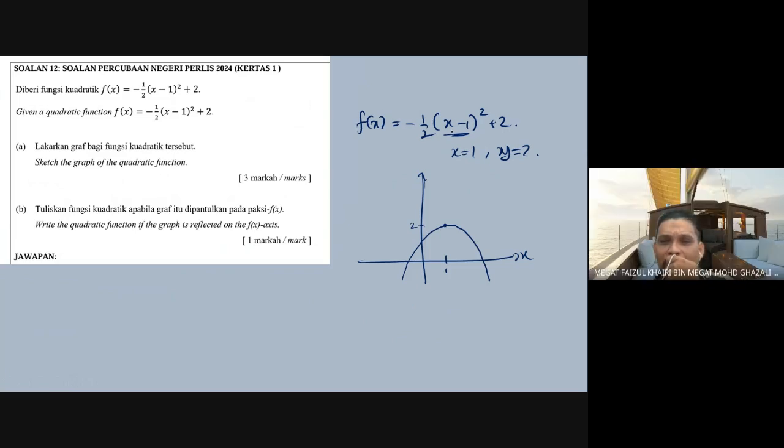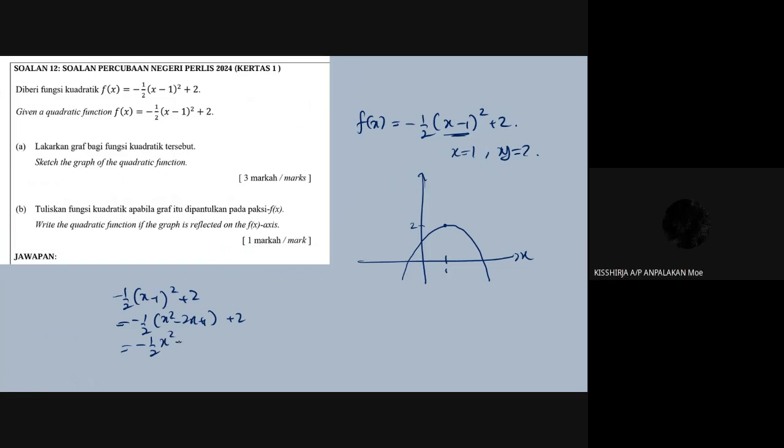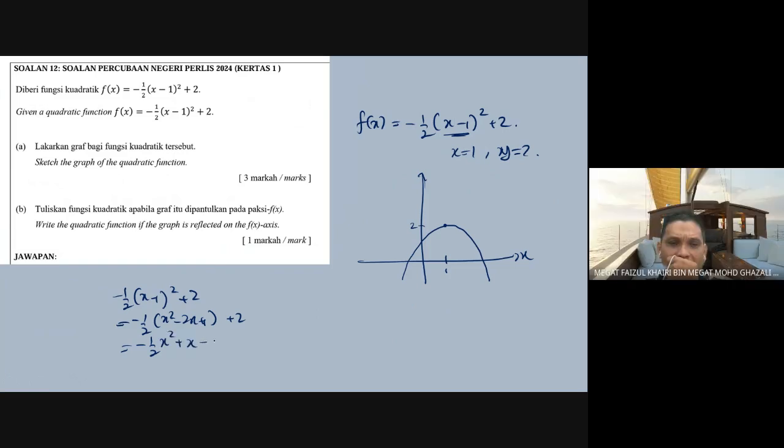Let's say if I expand this, negative half (x minus 1) squared plus 2, then negative 1 over 2 (x squared minus 2x plus 1) plus 2, then negative 1 over 2 x squared plus x minus 1 over 2 plus 2. Look at this.